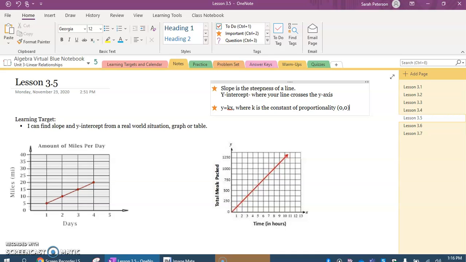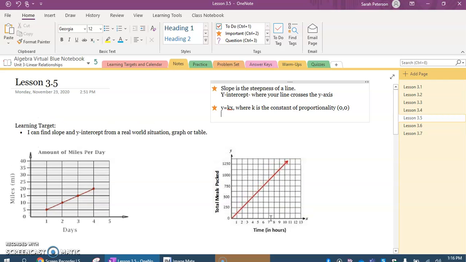If you remember from practice 3.4, the example I talked about had somebody making $20 just by showing up to the job, and then they made $7 every hour after that. That is important and has to do with our equation. So not only do you have a slope, but we also have to add on that starting point. This is actually the equation for any line, even a proportional line.